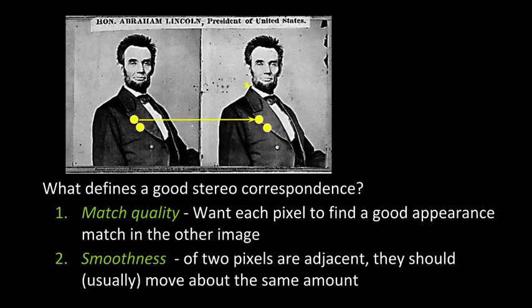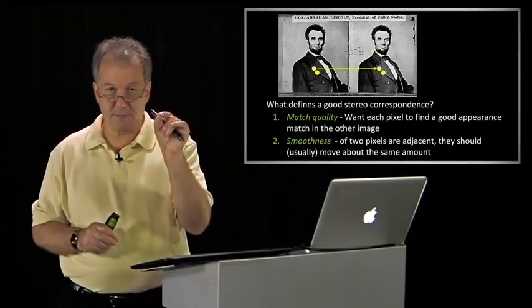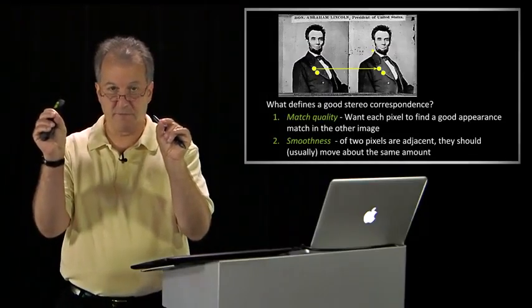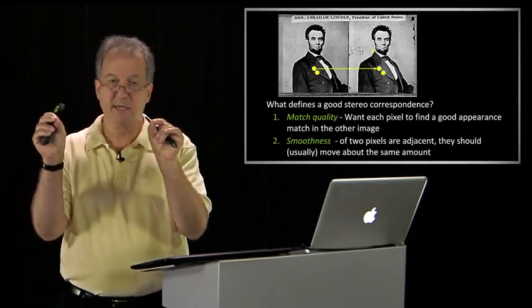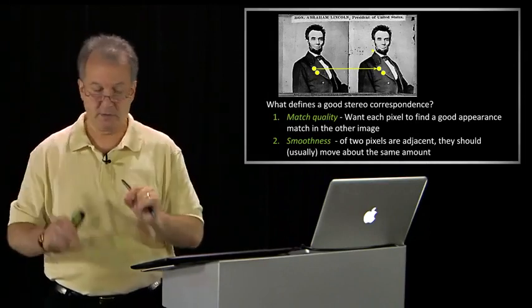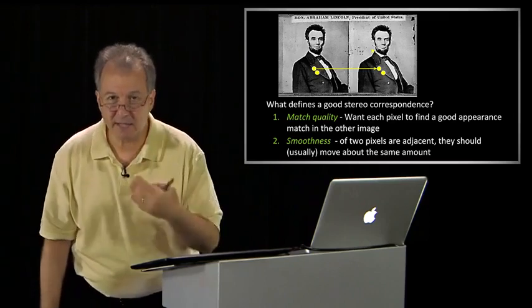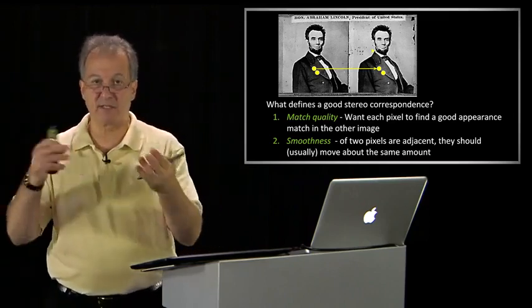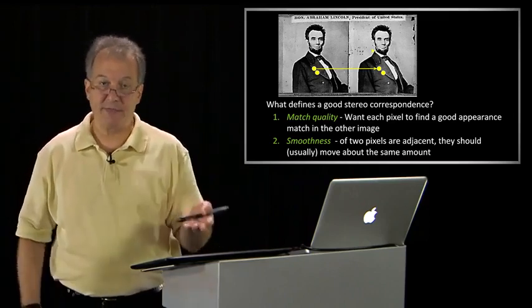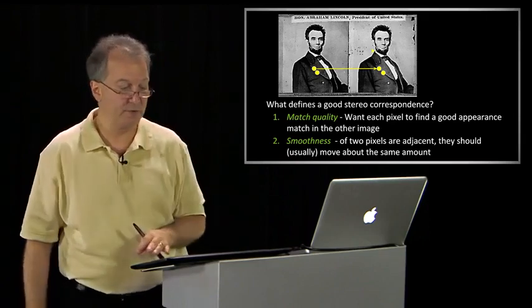Well, when you talk about depth, you can also talk about how 2 pixels that are nearby have a tendency to have approximately the same depth. So that means that they probably should have about the same disparity. So if this pixel has to be shifted over 4, the one nearby shouldn't shift a whole lot. Okay? And I might want to penalize solutions that have lots of jumps.